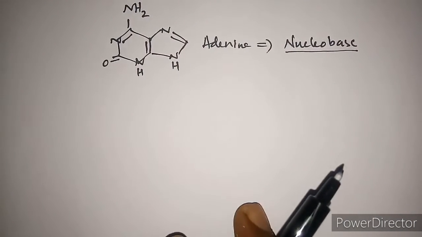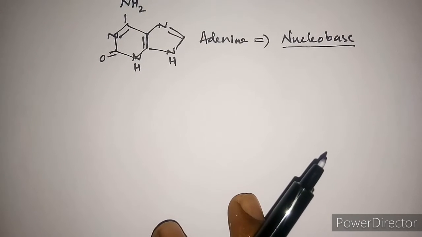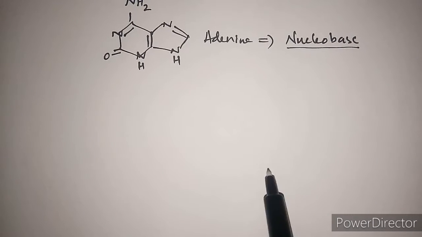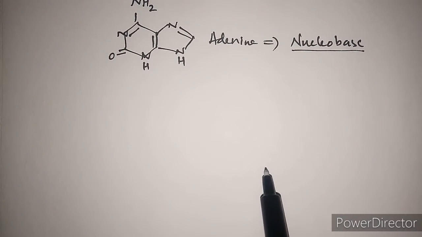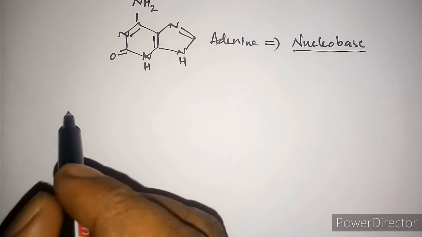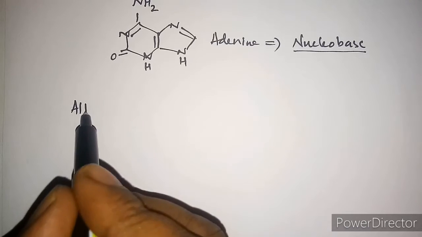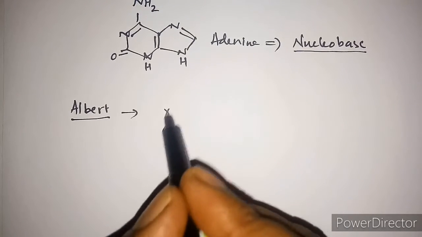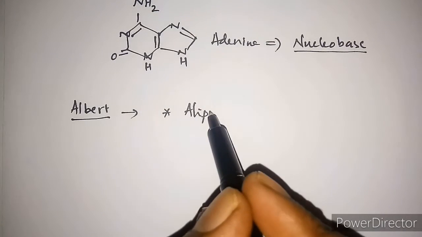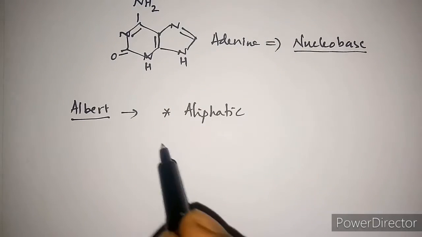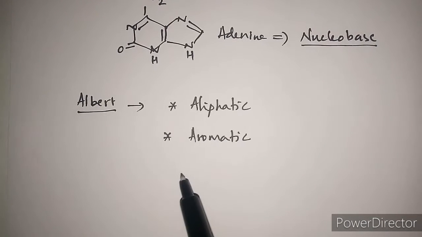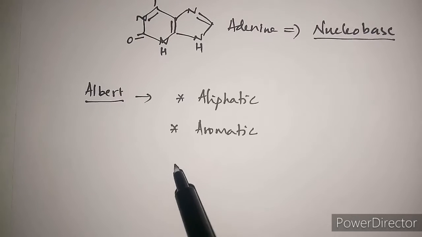Now, heterocyclic compounds are classified into two categories. This classification was done by a scientist known as Albert. He classified heterocyclic compounds into aliphatic heterocyclic compounds and aromatic heterocyclic compounds.